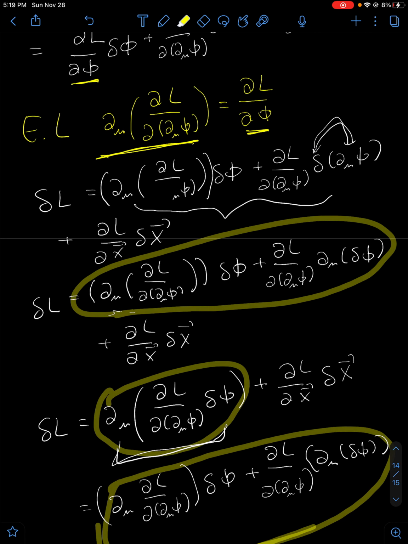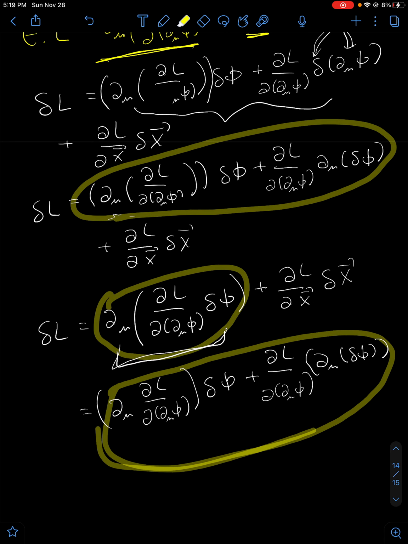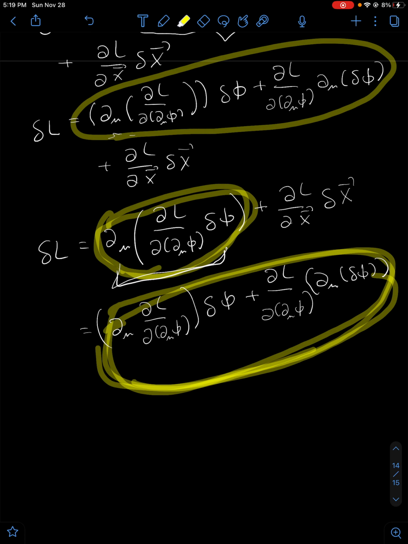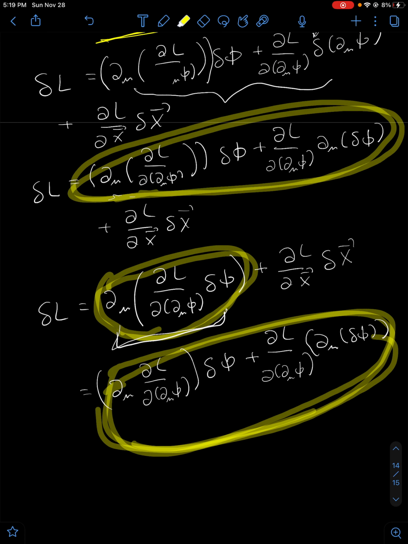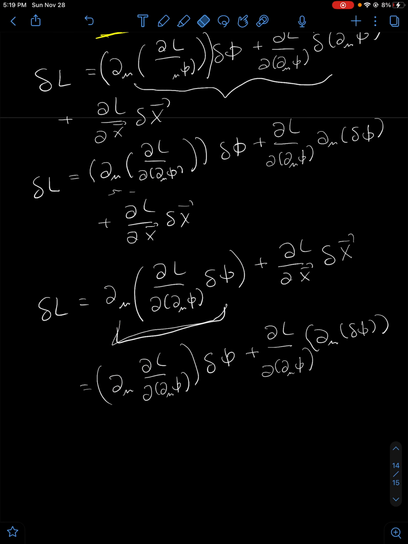So we can just rewrite this term as this term. So we can compact this long term over here into this small term over here.